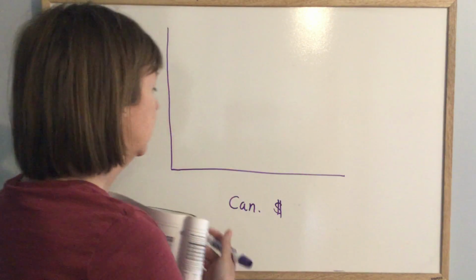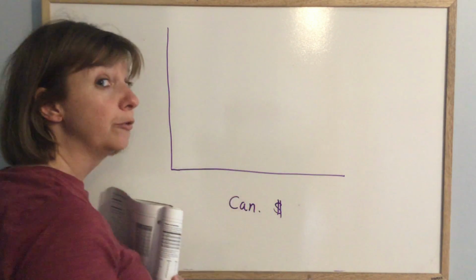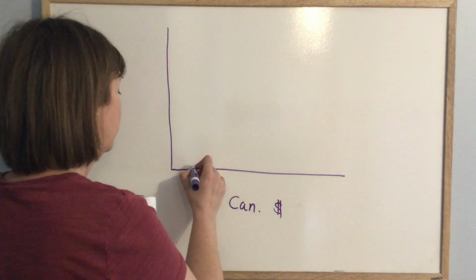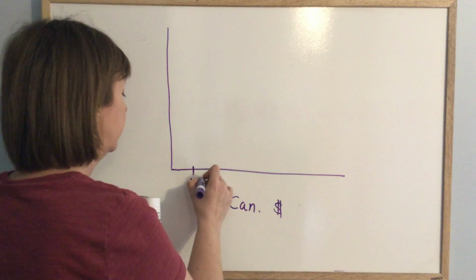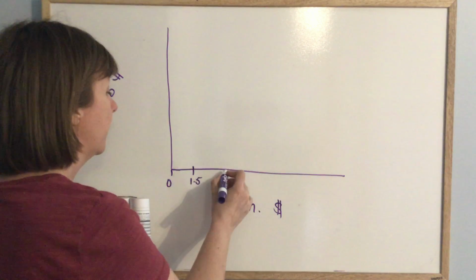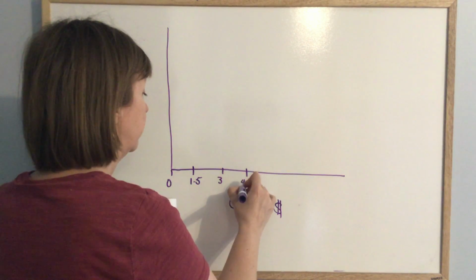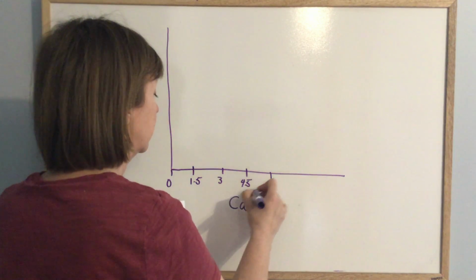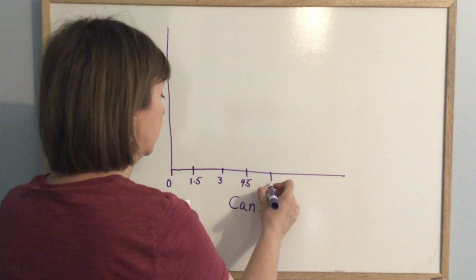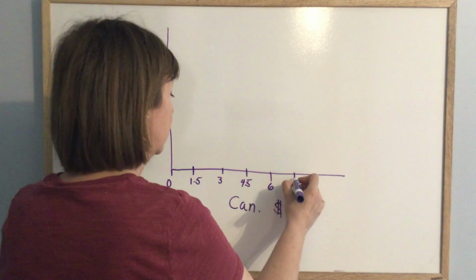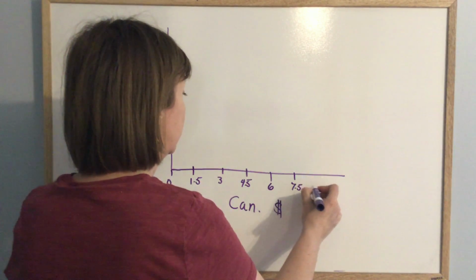I would more likely do $1.50. So I'd probably do this as $1.50, because here is 0. Here would be $3. Here would be $4.50. Here would be $6. Here would be $7.50.